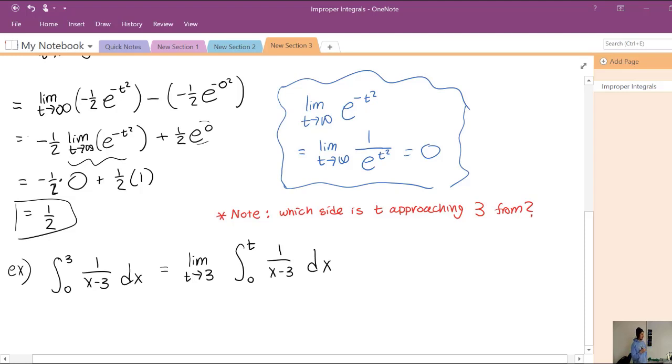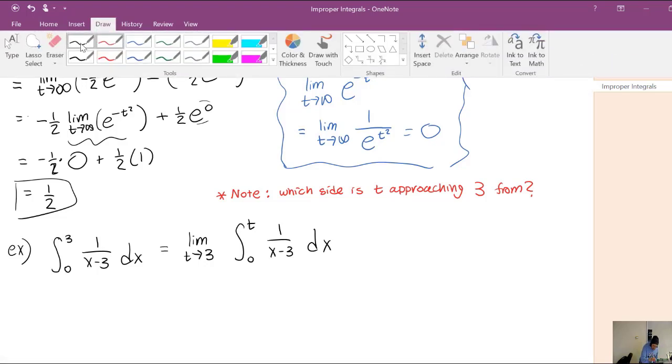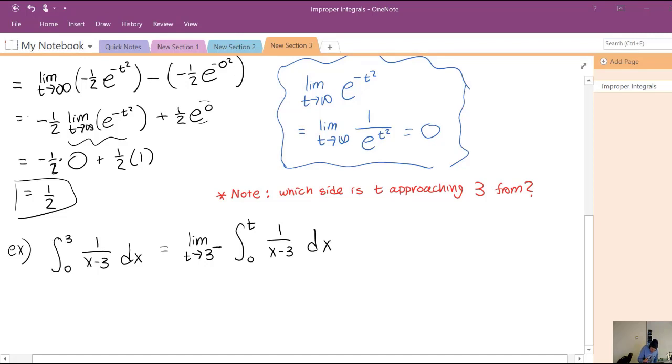So in this case, do you guys know which side, like positive or negative, t would be approaching 3 from? Right, because that's where the boundary is. So you have to approach from the negative side. Not always relevant, but sometimes.